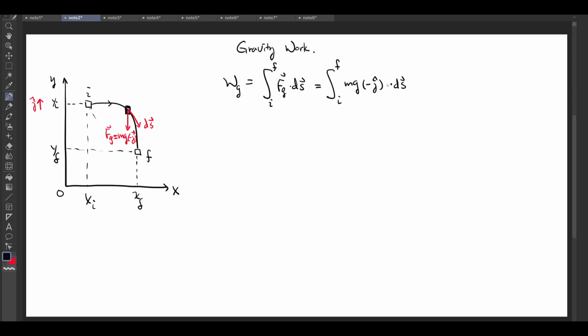However, in order to further this calculation, I need to also write down this ds in component form. To do that, I want to move this ds away so that you can see this clearly. So that's ds, right?